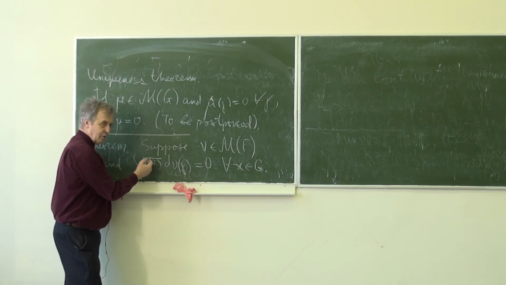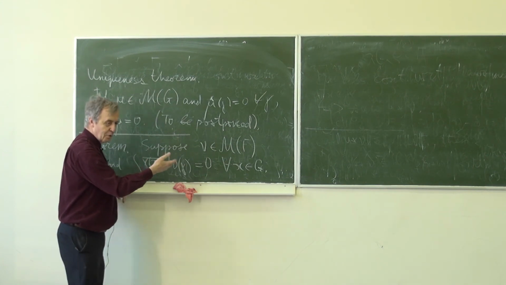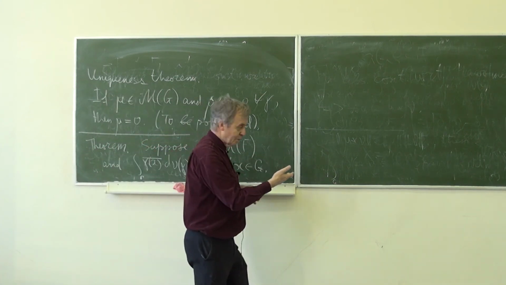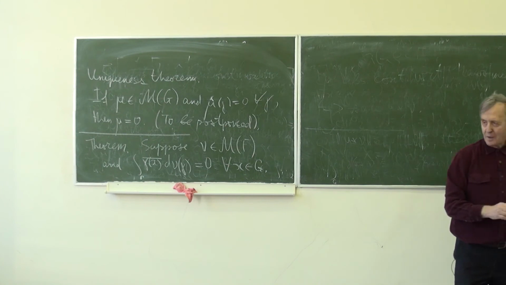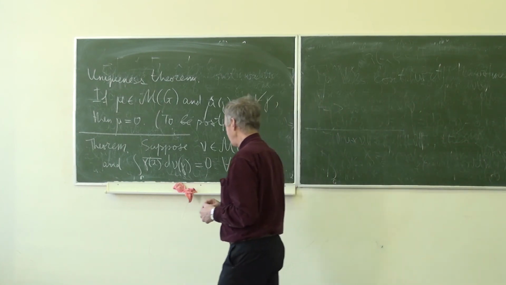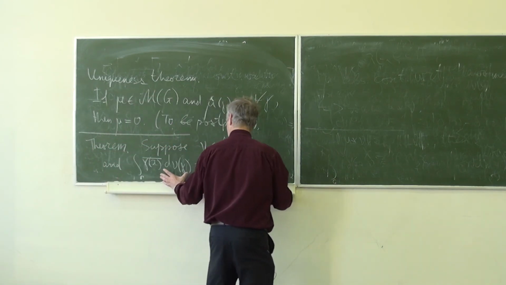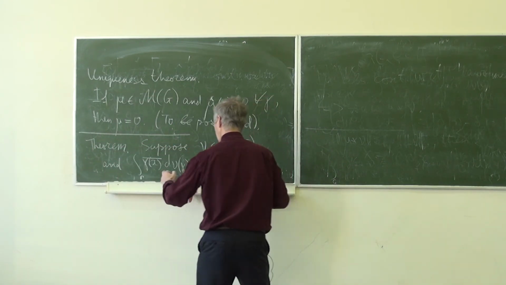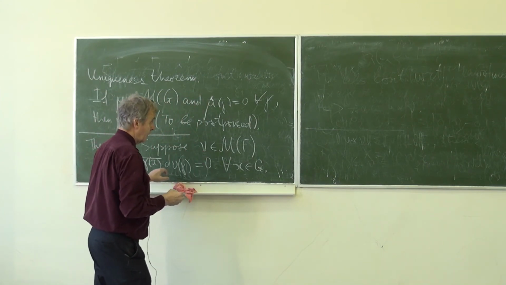So this is a general form of a character on gamma, and so this is the Fourier transform of nu as a measure on gamma. But we don't know this for the moment, because we don't know what the dual group of gamma is. We don't know whether it is G or something else or something smaller. But still we can define such a function on G, and suppose it is equal to 0 identically.